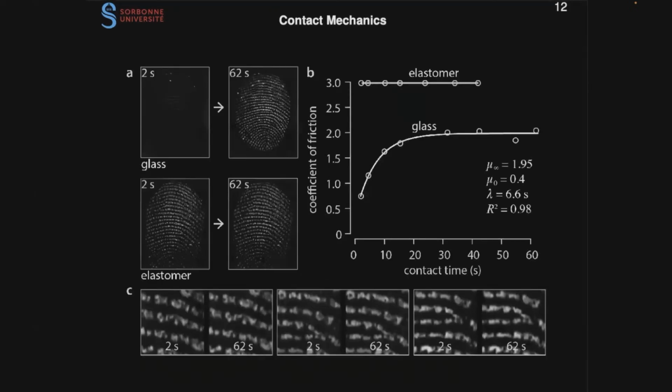article. But to drive the point, we've performed the same measurement with an elastomer surface, which is softer than your skin, because when your skin is dry, it's very stiff.